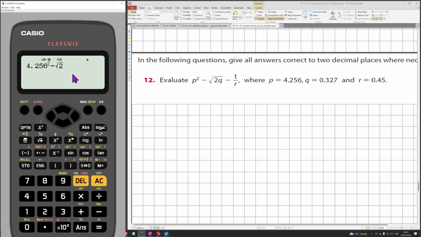Now because I'm putting in a number here, not a letter, I have to introduce a multiplication. Take your 0.327, no need for deleting 0. And then r is 5, so we're going to just come out from under the square root, do a minus, do a fraction bar, put 1 on the top, and put 0.45 underneath.